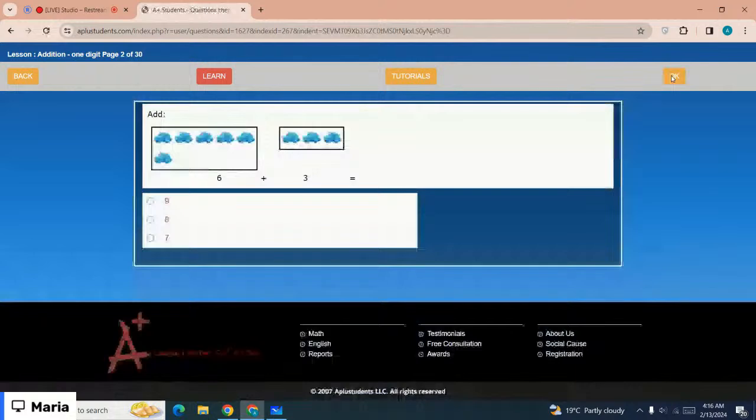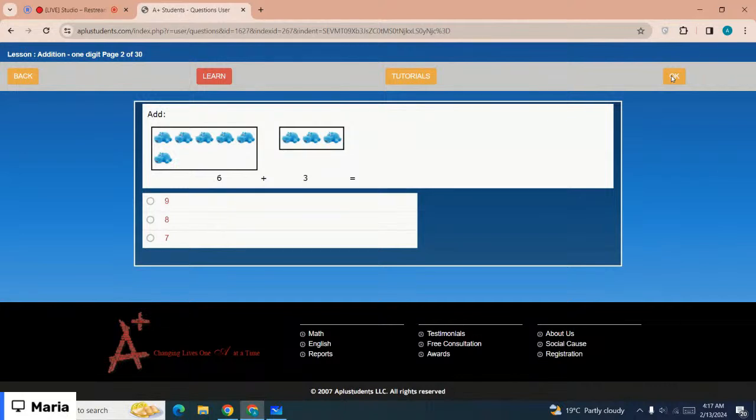Okay, add, which is the correct option. 6 plus 3 equals, no one is answering. Why can I not see your messages today?